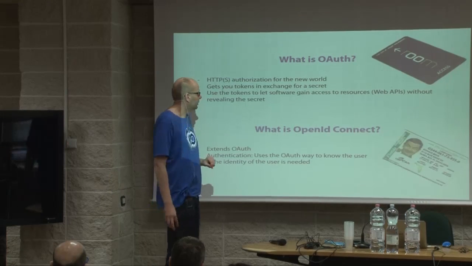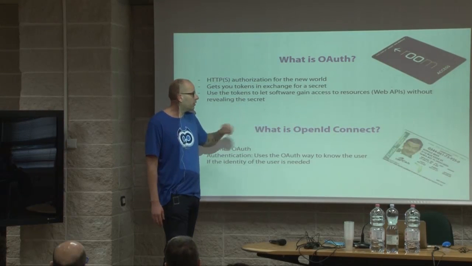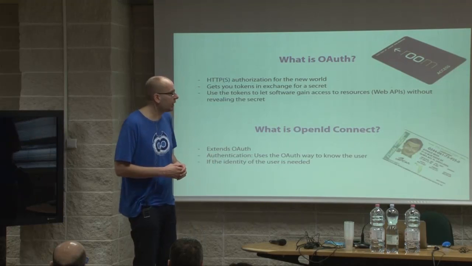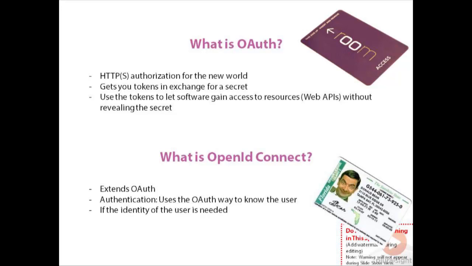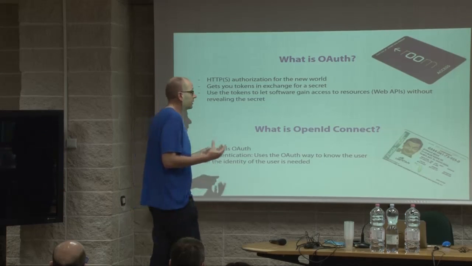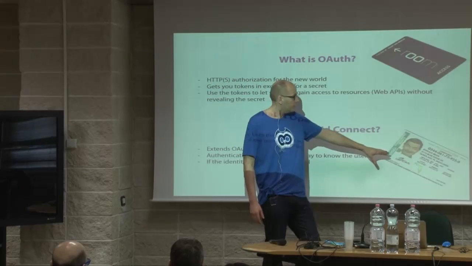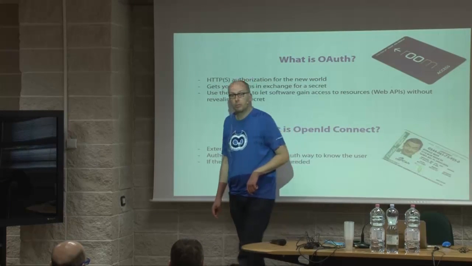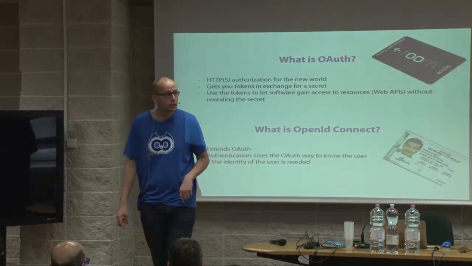And you can picture OpenID Connect as some kind of passport or driver's license you have. So it proves who you are. Right? And you can picture that on this card, all my stuff is on it. My whole private life is on the card.